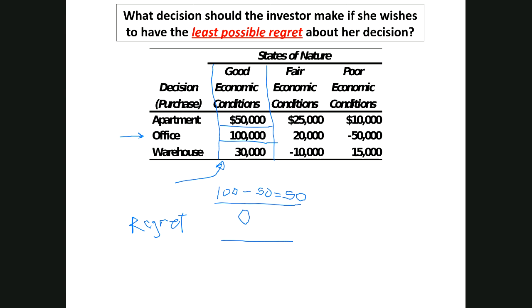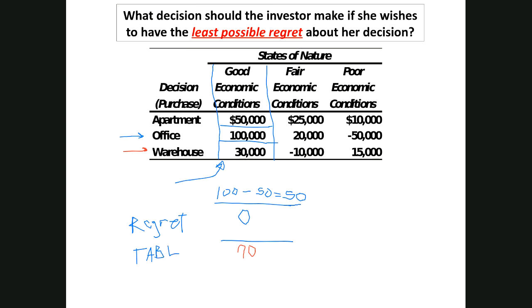Had you invested in the warehouse, that regret would be $70,000, which is $100,000 minus the $30,000 that you would have earned. And so we're going to do this, and we're going to create a regret table for each one of the future states of nature.